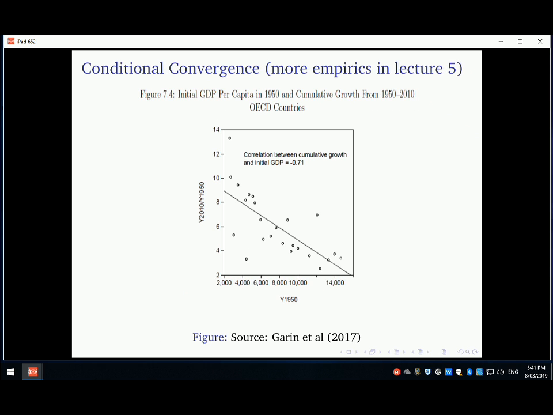This graph here tells us this. This graph has, in the x-axis, the initial level of GDP per capita in 1950. And the y-axis has the ratio between GDP per capita in 2010 and the initial level of GDP per capita in 1950.